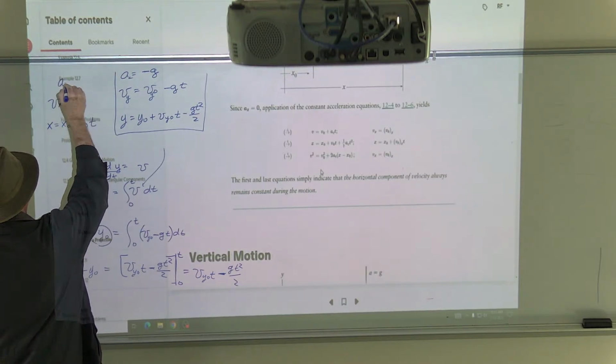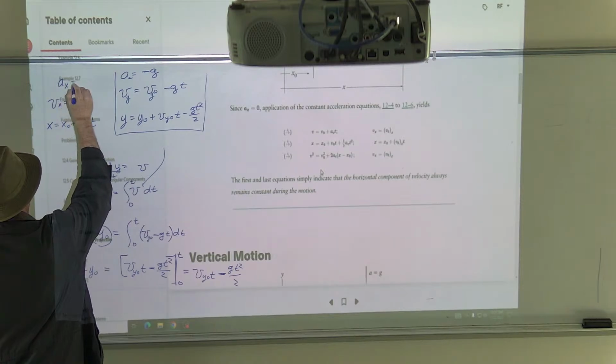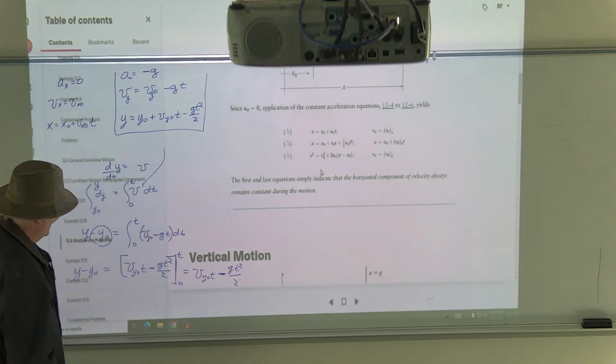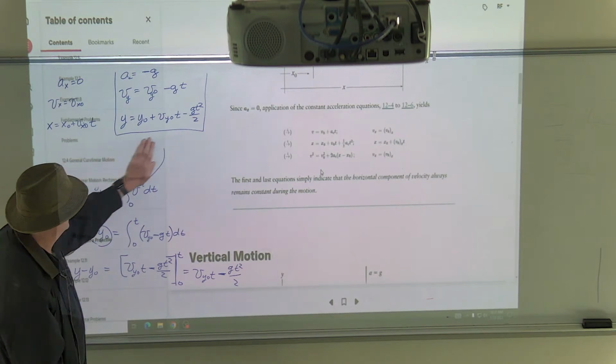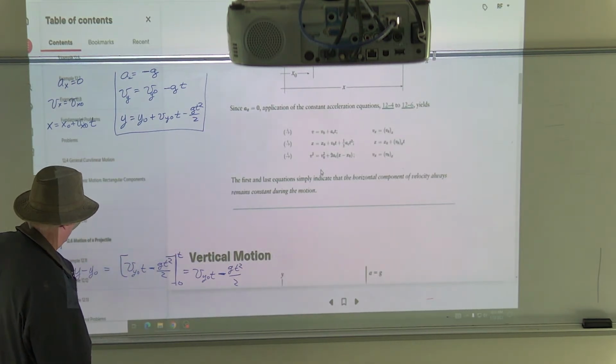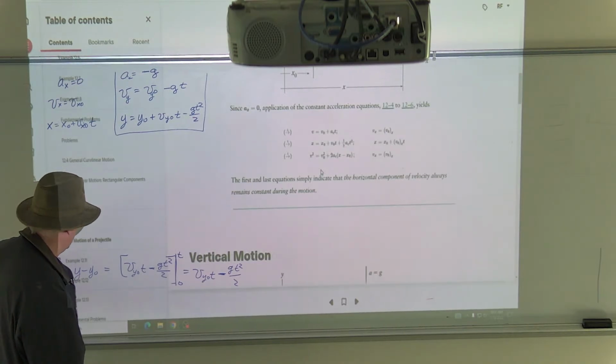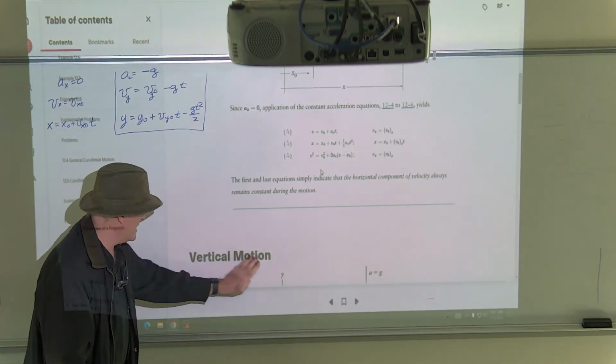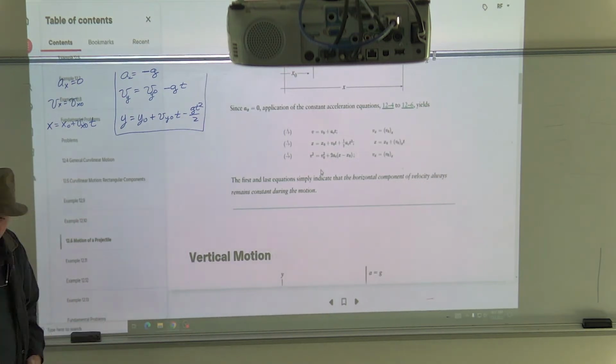And acceleration in the x direction is equal to nothing. So essentially you get two somewhat, they look to be somewhat independent, if that makes sense. But they are kind of dependent, but in a strange sort of way.